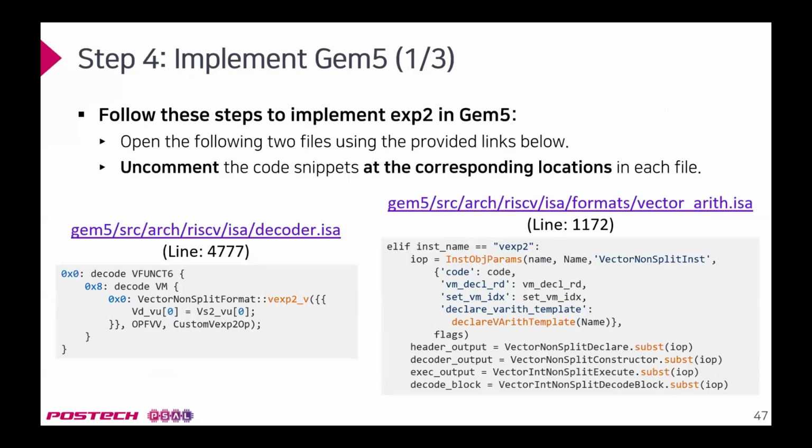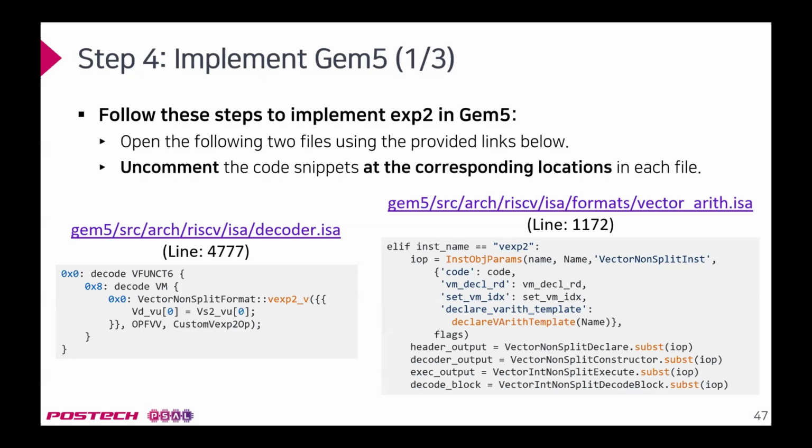Now, this is the final step. For full timing simulation, we also need to support the instruction in Gem5. To do this, we need to modify these two files. First, open the first file, decoder.isa, and go to line 4777 and uncomment the lines.